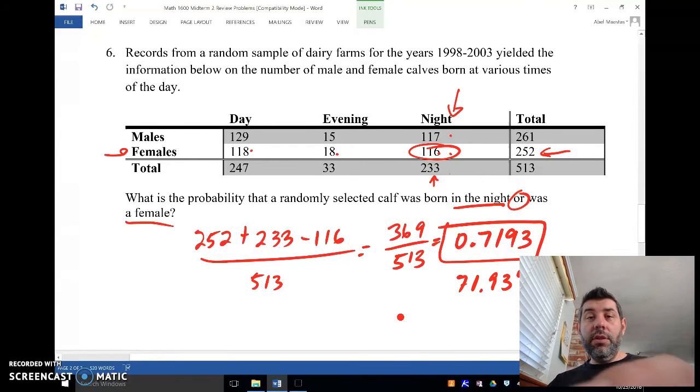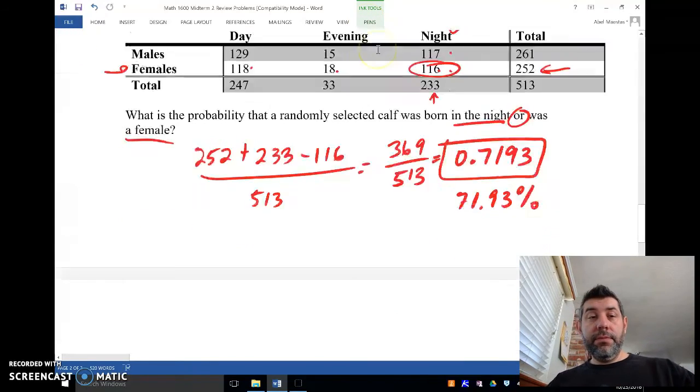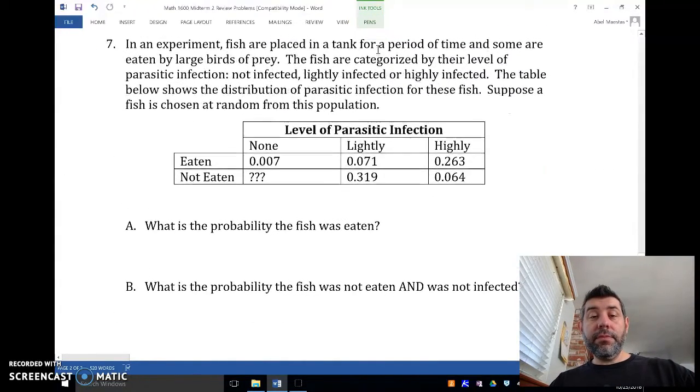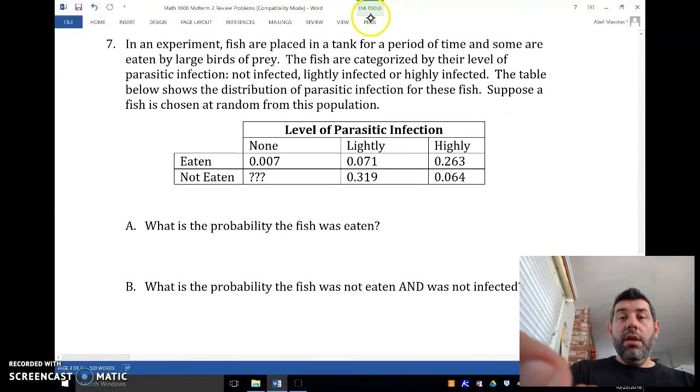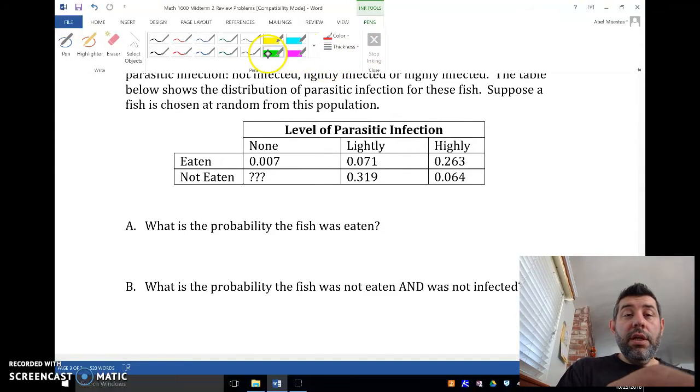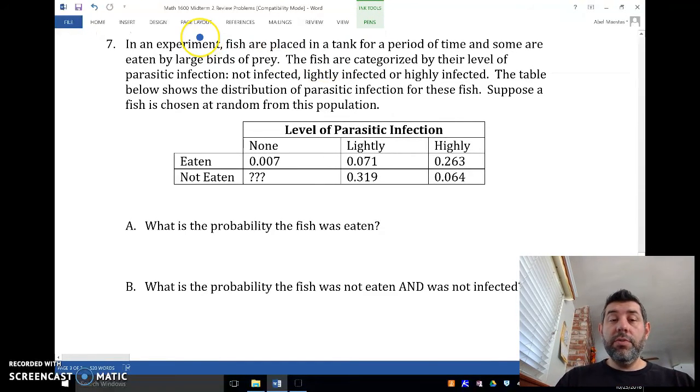All right, let's go on to the next one. Number 7. Now for this one, I think we're going to want to add up and sum these parts of the chart here.